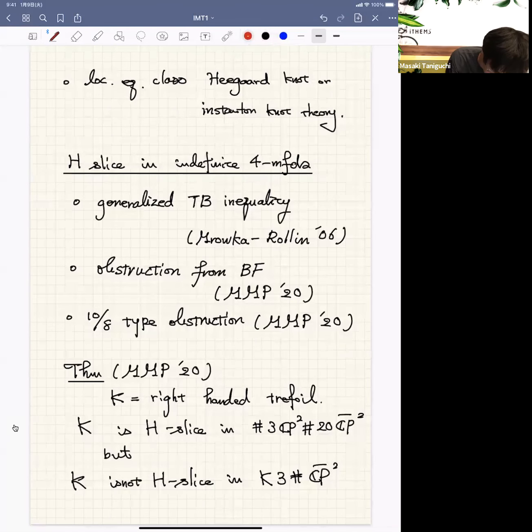And it is known that these manifolds are an exotic pair. So these are exotic. This result gives a relation between the smooth structure and H-sliceness.